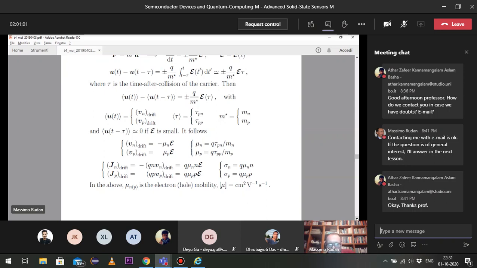Again, this is a heuristic argument, but with the longer calculation, you can indeed show that these are the correct expressions of the mobility for the electrons and holes. The units are an area divided by a voltage divided by a time, so square centimeters over volt over second for the mobilities.